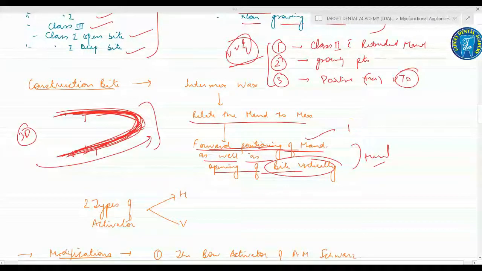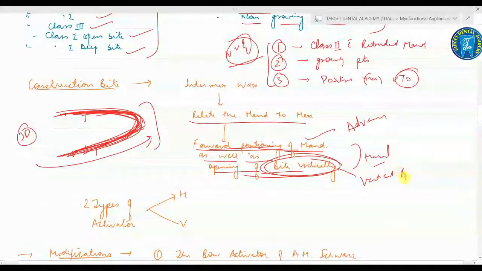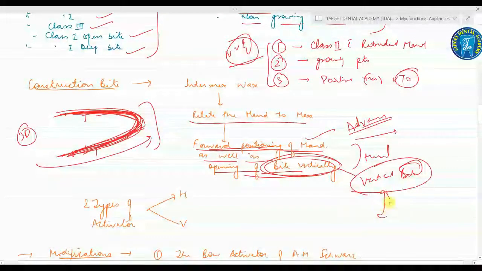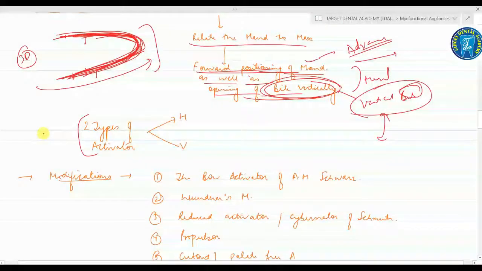It means the advancement and the opening of the bite vertically, that is the vertical bite opening. So in this case you have to record the advancement, that is the forward movement, and the vertical opening of the bite. Right?